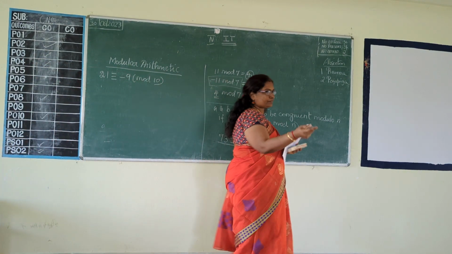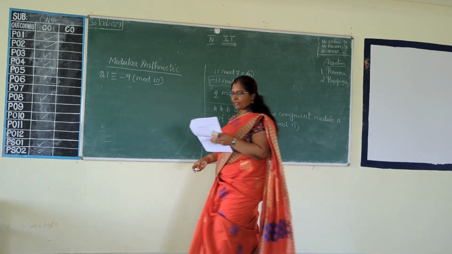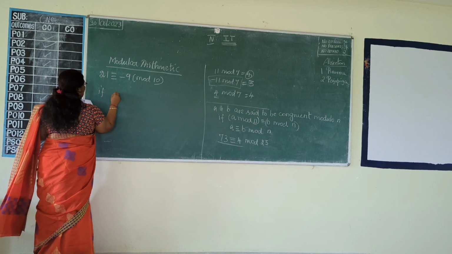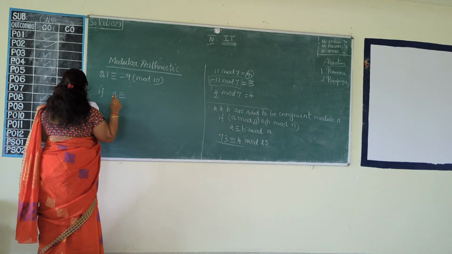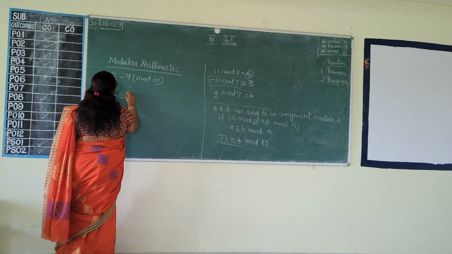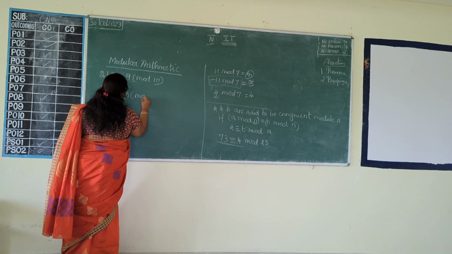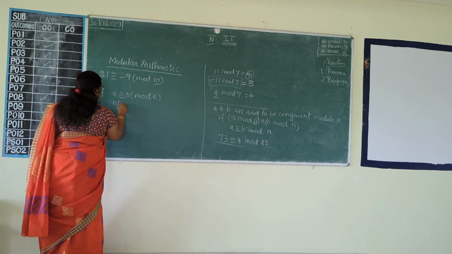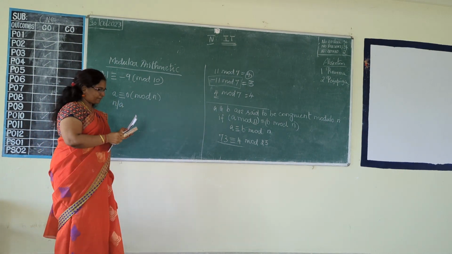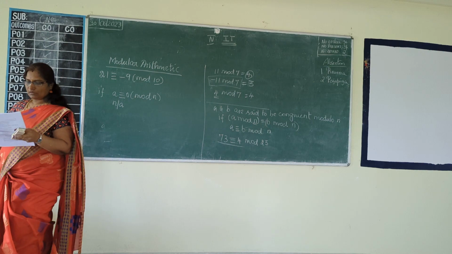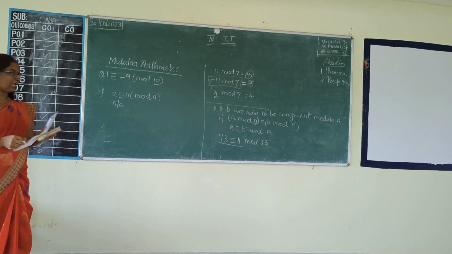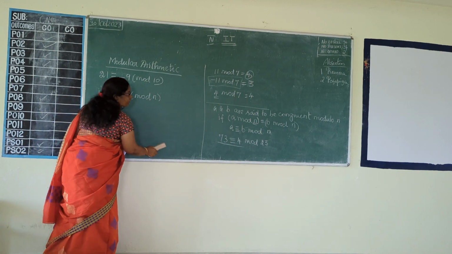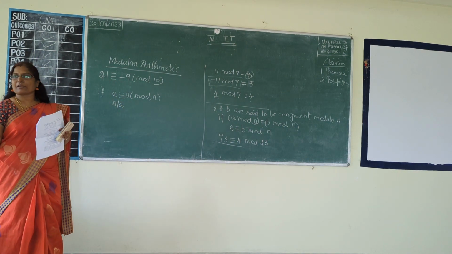Make a note: if A is congruent to 0 mod n, then n divides A, which means it doesn't produce any remainder.